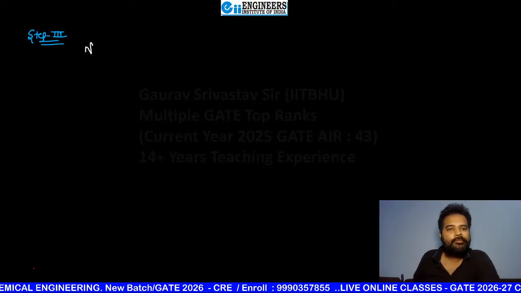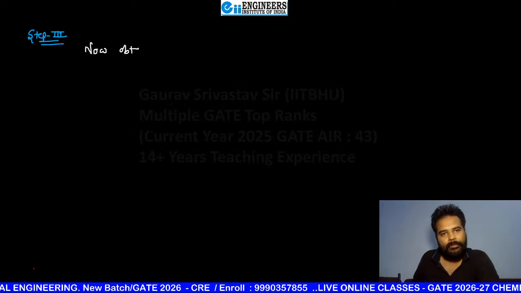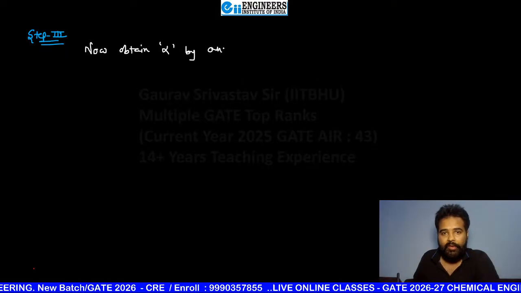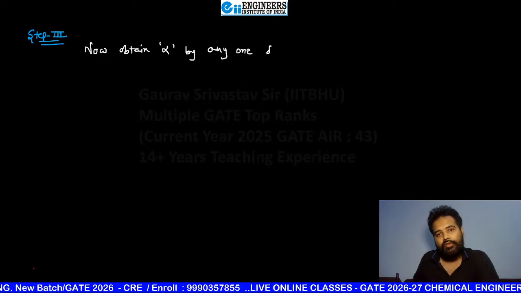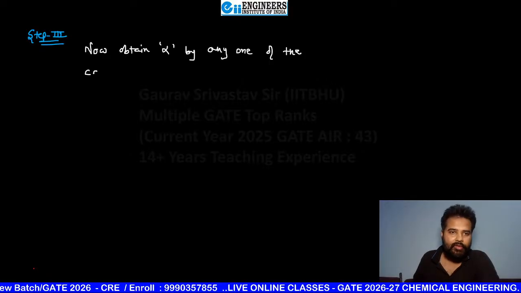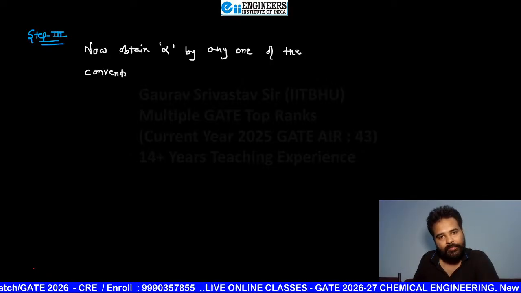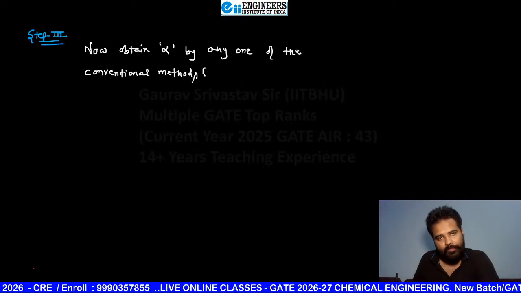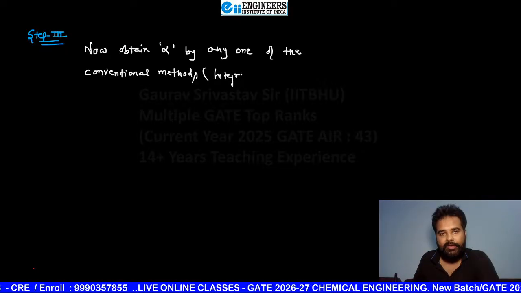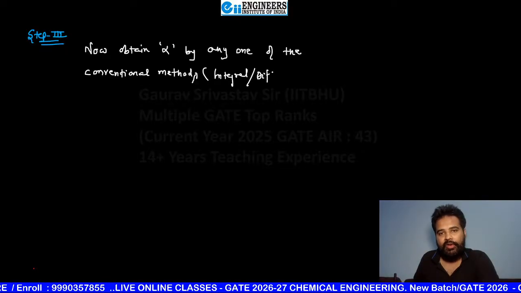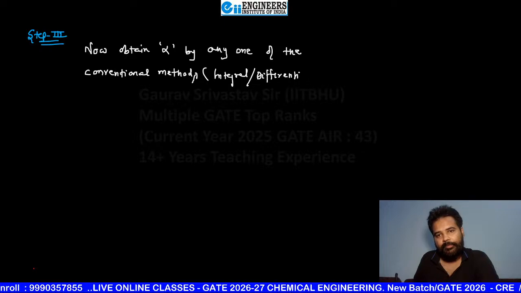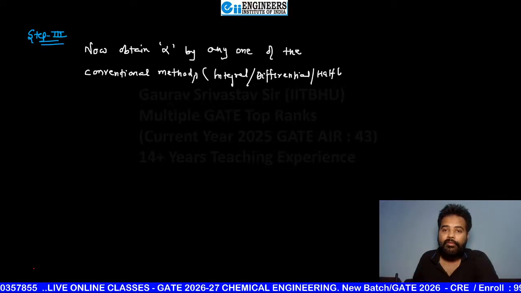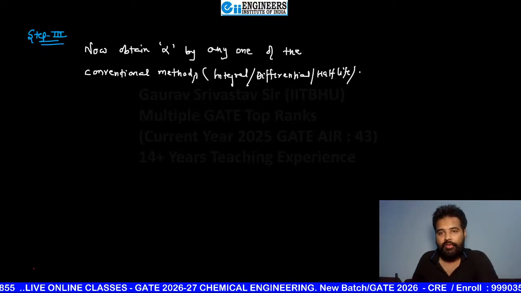Now obtain alpha by any one of the conventional methods, like integral method or differential method or half-life method or initial rate method.